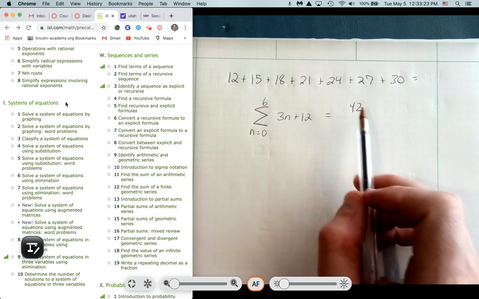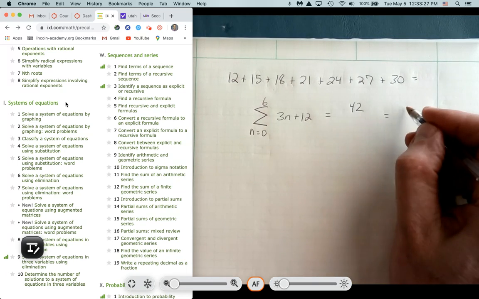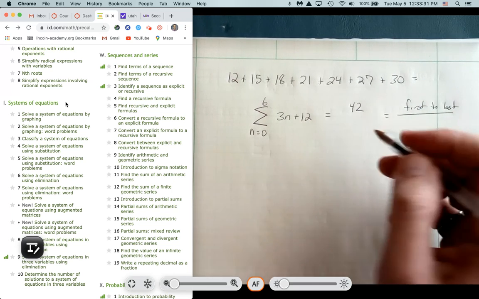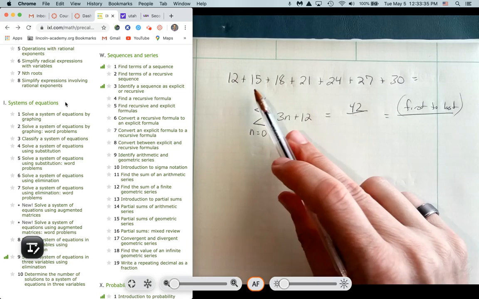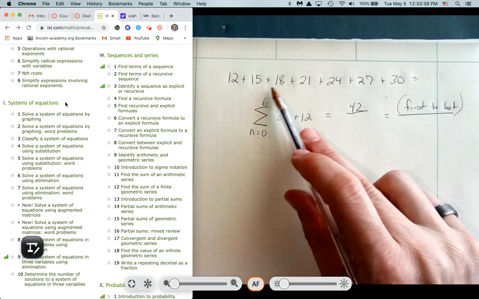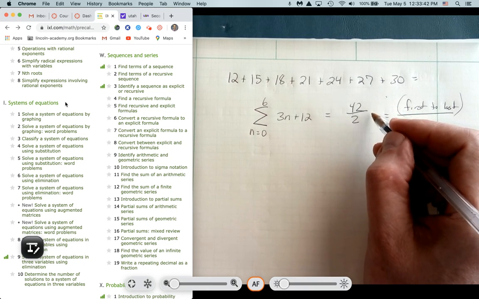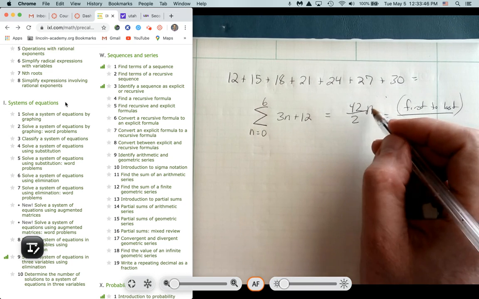In other words, I can add the first to the last, and then I'm going to either multiply by half the number of terms, because I'm basically cutting them in half, or I can divide that sum by 2 and then multiply by the number of terms. I have to be careful: I'm going to put n, but it's the number of terms.